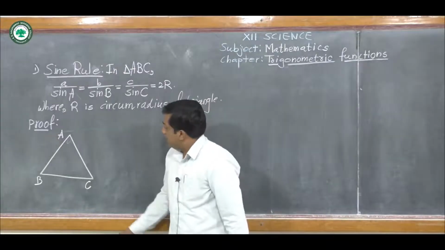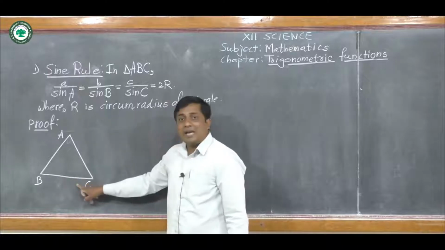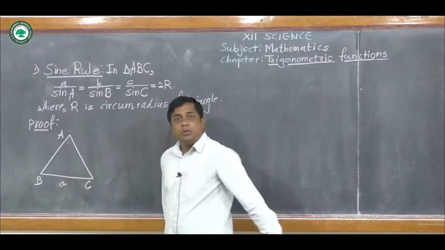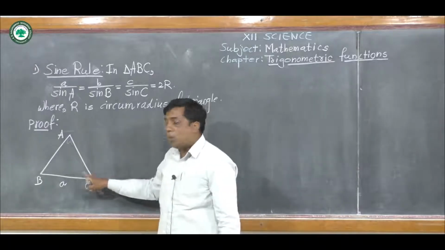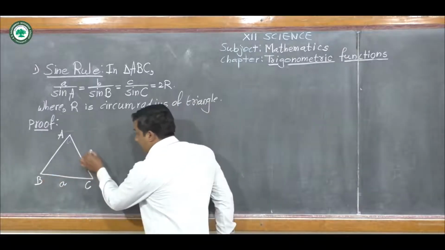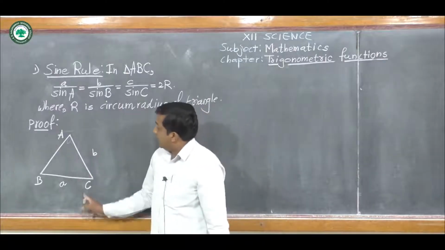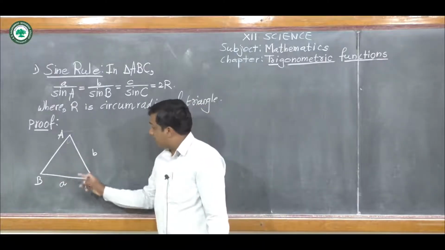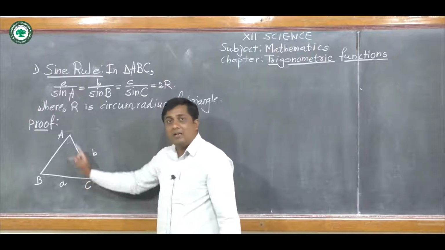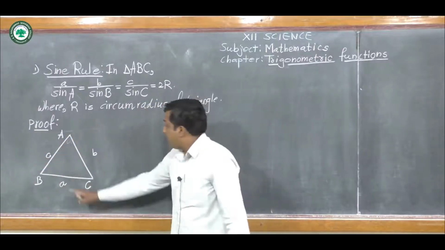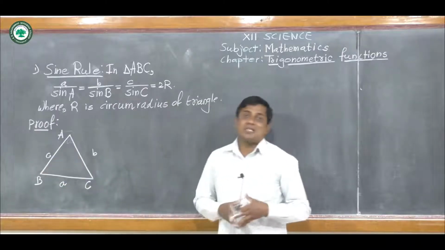The length of the side opposite to the angle A is small a, the length of the side opposite to the angle B is small b, and the length of side AB opposite to the angle C is small c.